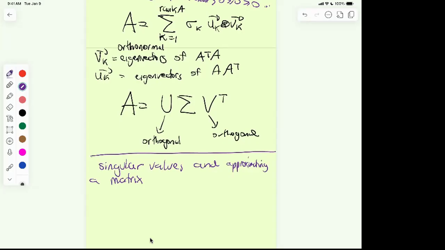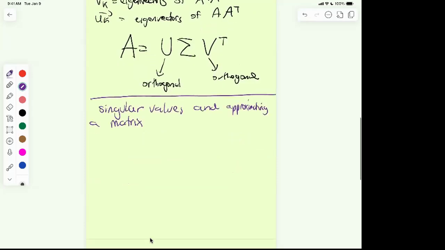So how do you measure distances between vectors? Here's a way to do it. I'll even draw the vectors.